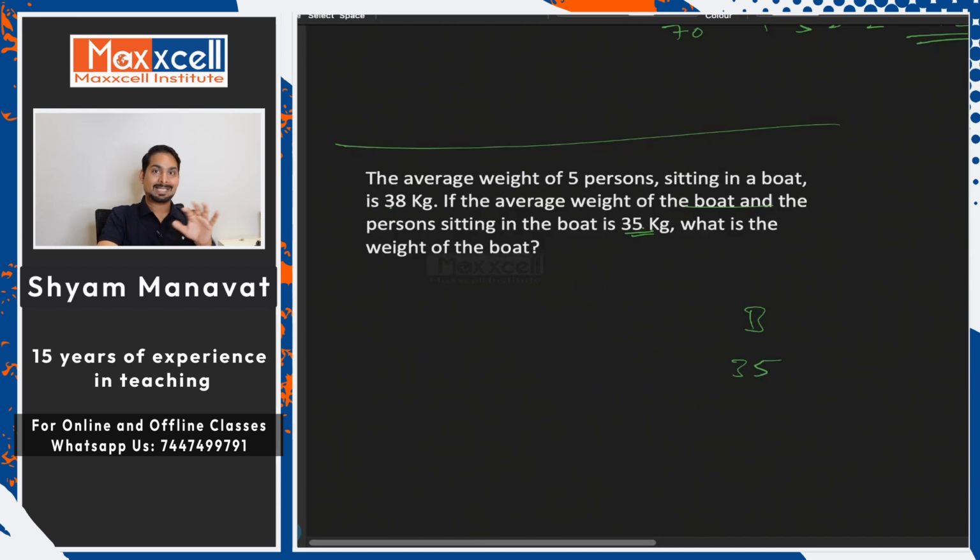Now when equally distributed, the average decreased, right? Decreased by how much? 3, right? Amongst how many? The remaining of them, 5. That means while distributing the weight of the boat, they realize that the weight of the boat is less than the average.